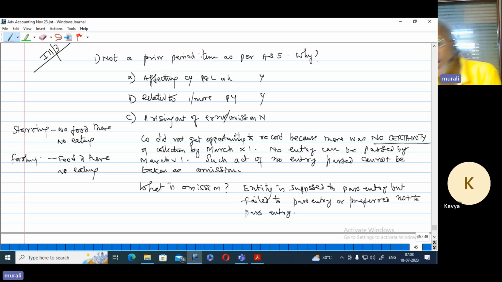Entity is supposed to pass entry, but failed to pass entry or preferred not to pass entry. That is omission.